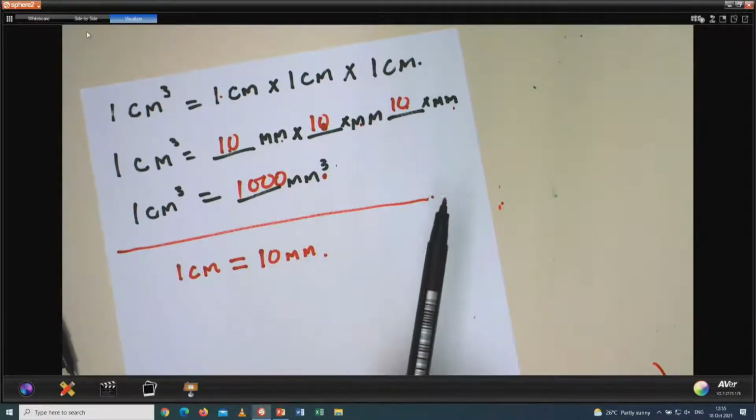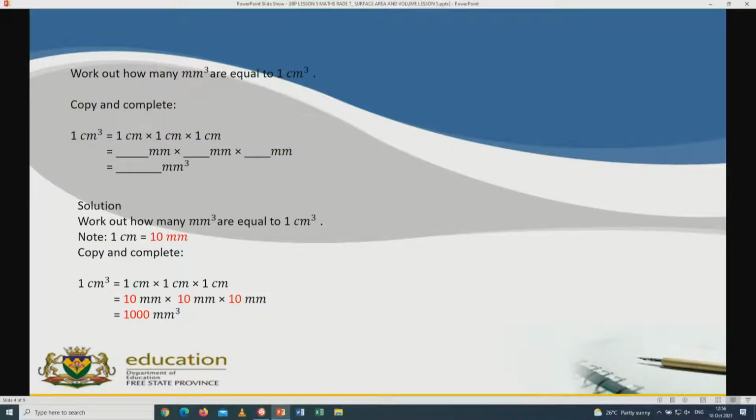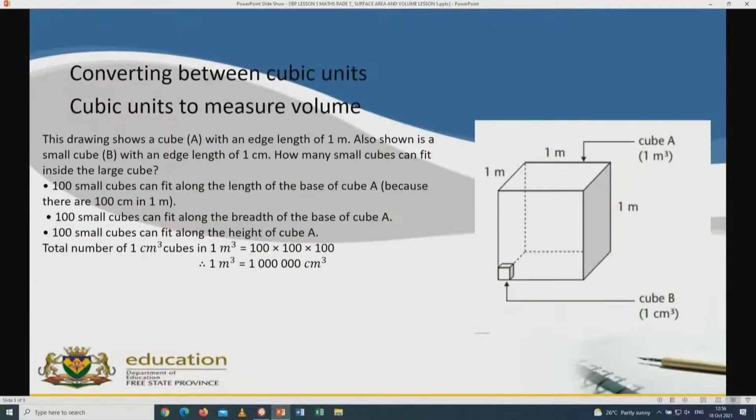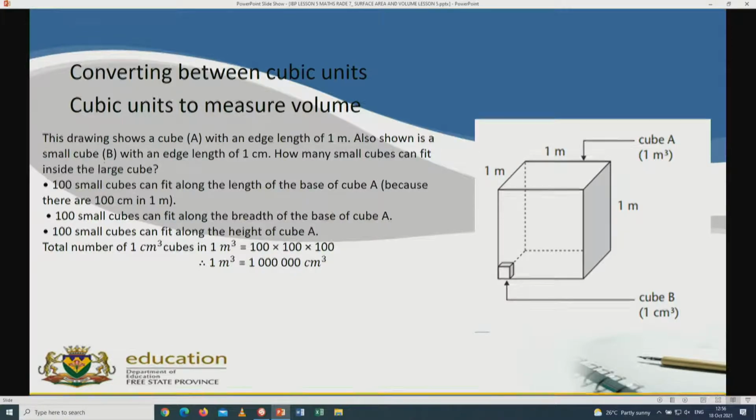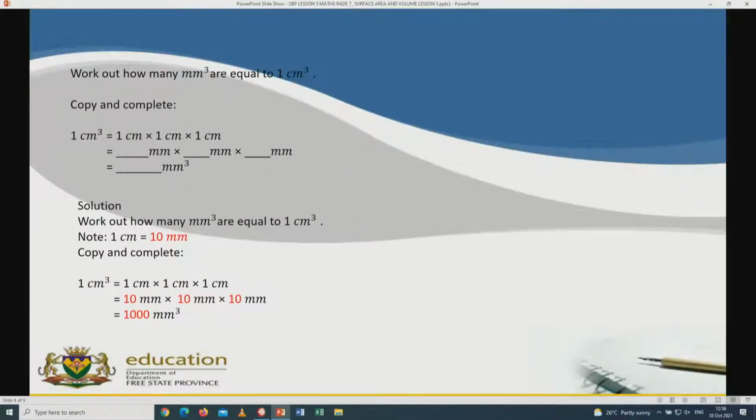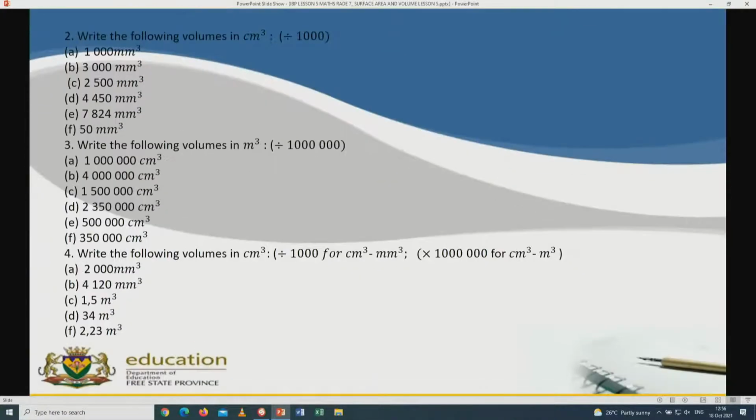So now we can safely say 1 cubic centimeter is exactly 1,000 cubic millimeters. So it means the volume of the cube B, the small one inside the big cube, cube A, will be 1,000 cubic millimeters.